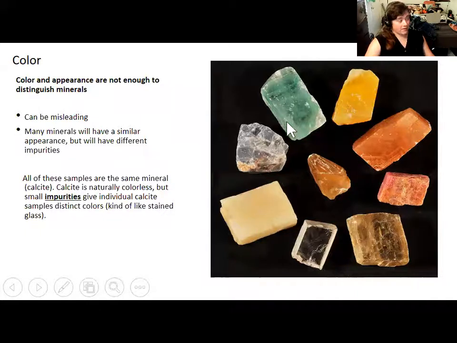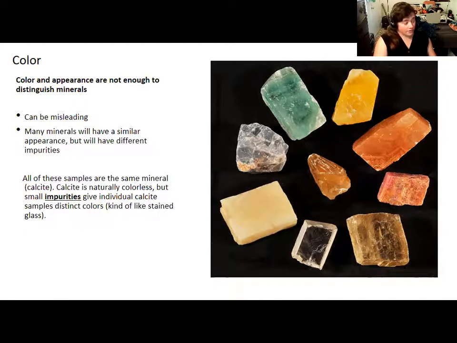So these are actually all the same mineral. These samples all belong to the same mineral, calcite, and this lower sample here is what calcite looks like when it's in its purest form. And when I say pure, I'm actually indicating that these other samples have stuff in them. They have impurities. And color is often misleading because a lot of common minerals like quartz and feldspar and most types of feldspar and calcite are colorless or white.